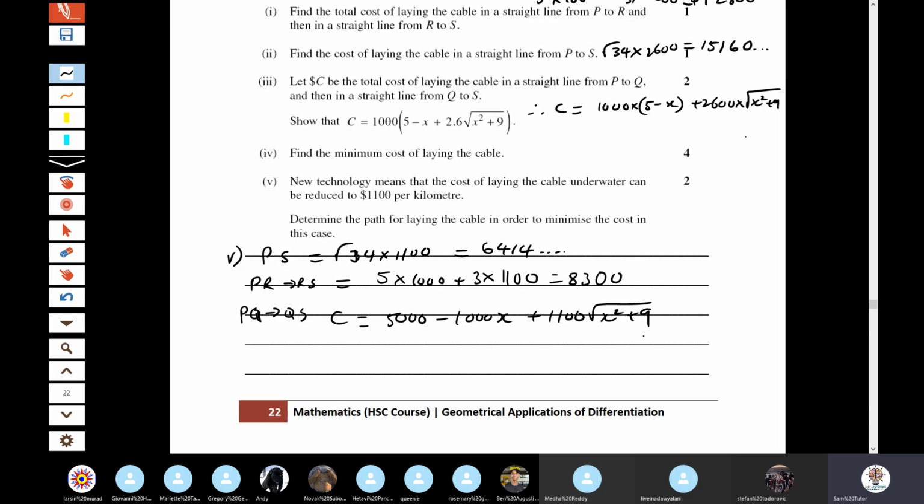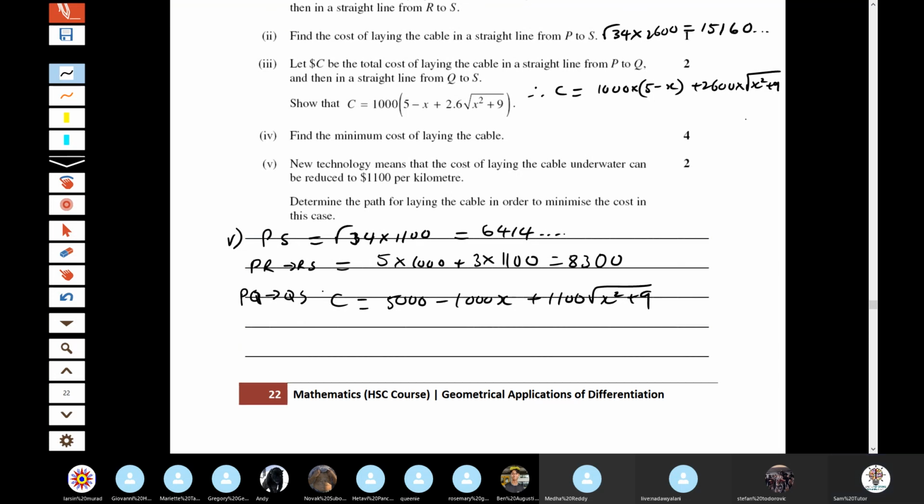Then we're going to differentiate that. Negative 1,000. It's not going to take that much longer than this, only 2 or 3 lines more.